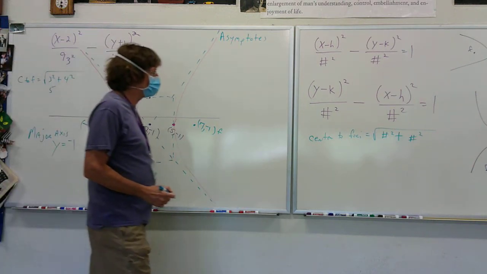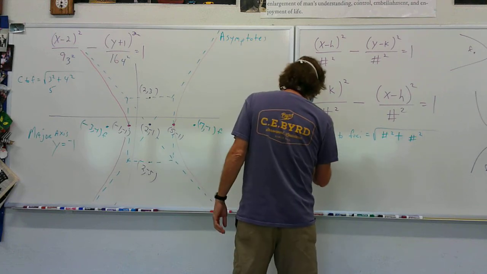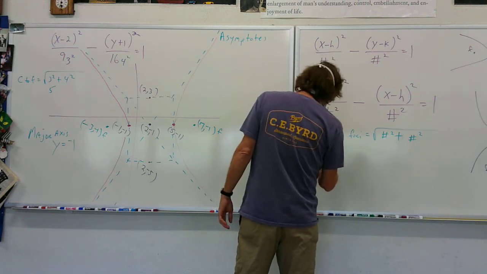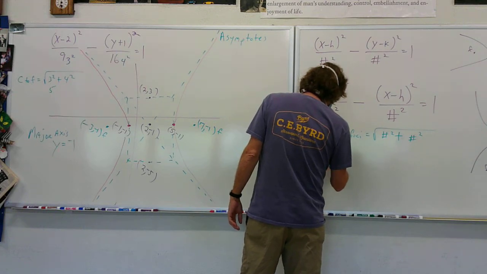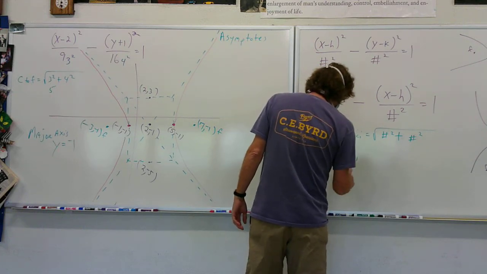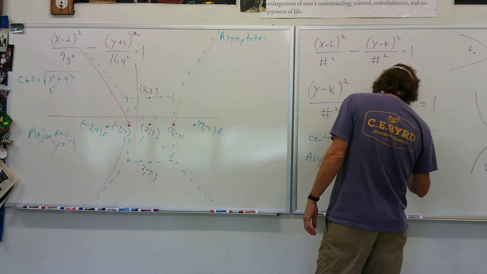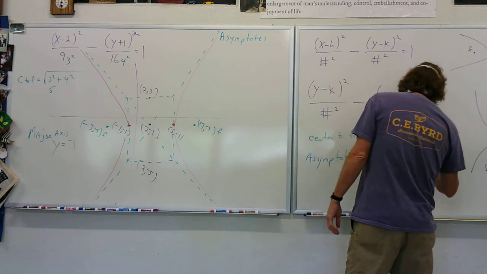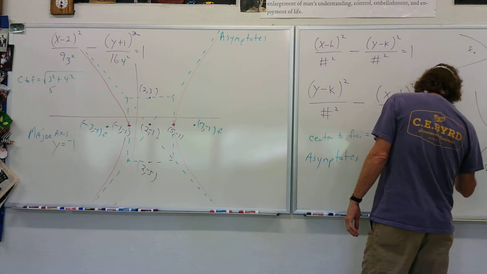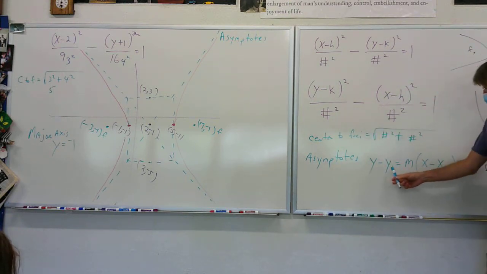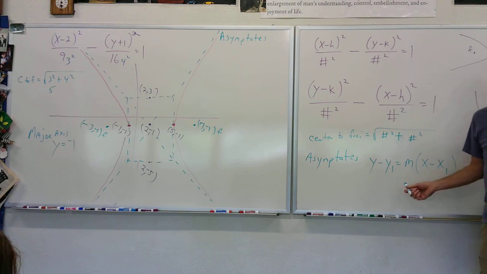And when we write equations for the asymptotes, we are going to make this pretty straightforward because we're going to use the same formula. We're all going to use this formula: y minus y sub 1 equals m times x minus x sub 1. And folks, this is the point slope formula.